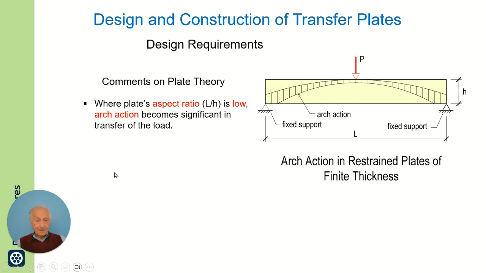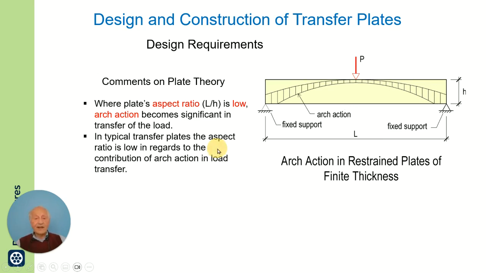Now, when plate aspect ratio is low, like I have here, that means the plate is thick, the arch action also becomes significant in carrying the load. The load transfer is not primarily by bending, you also have the arch action there. In typical transfer plates, the aspect ratio is low, so the contribution of arch action in load transfer is significant.